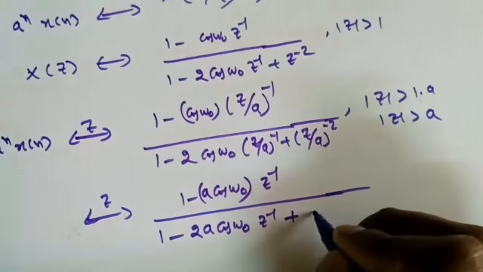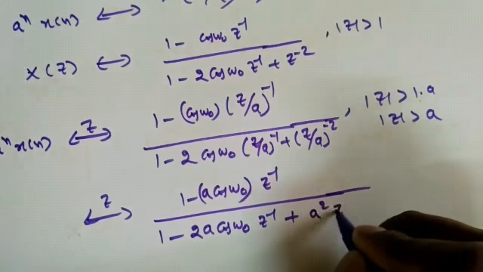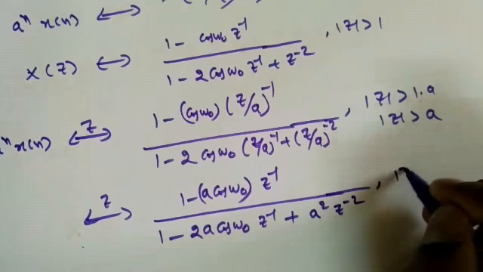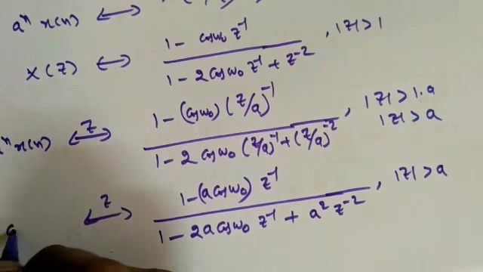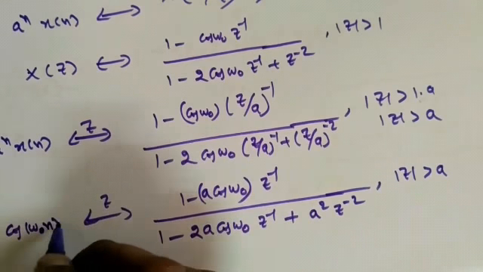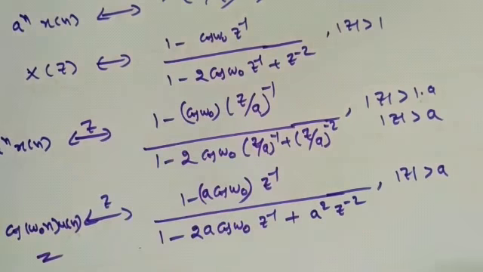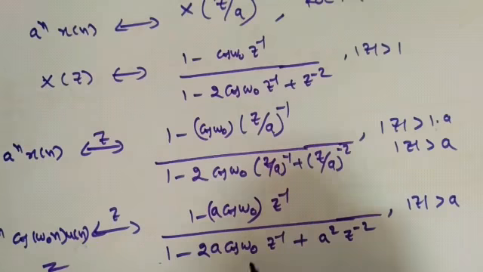So the inverse cancels, it will become a square z power minus 2, and ROC is mod z is greater than a. This is the a power n cos omega naught n into u of n.